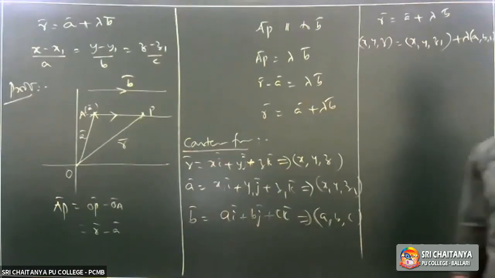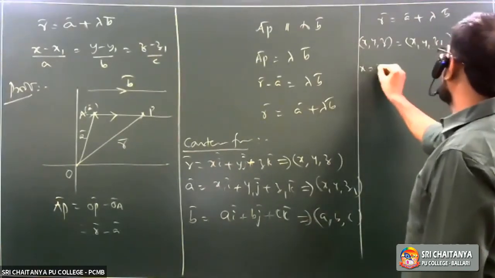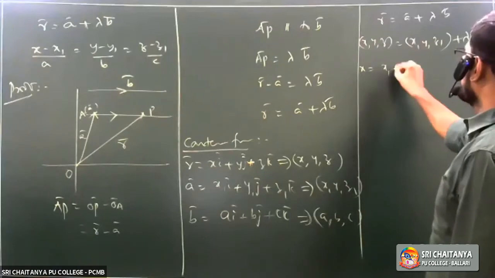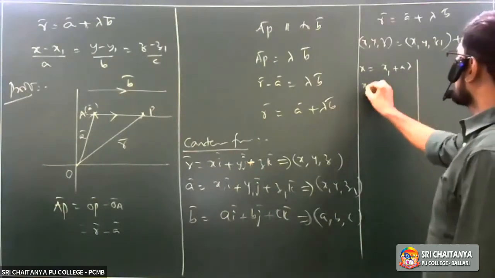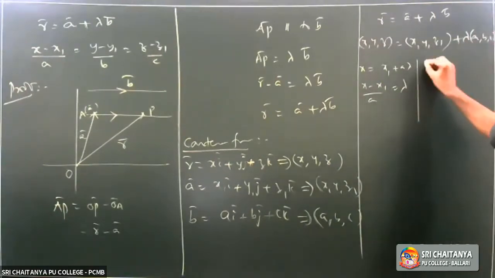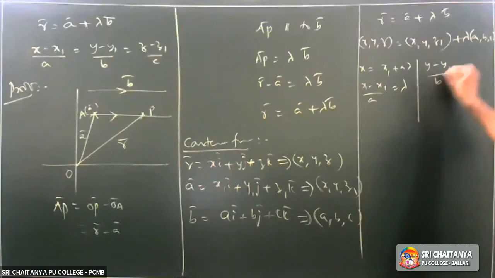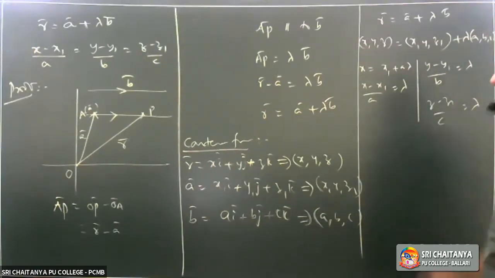Instead of ijk, I am going to write x1, y1, z1 and lambda into a, b, c. Now you can write this as x is equal to x1 plus a lambda. That means x minus x1 by a is equal to lambda. Similarly, y minus y1 by b is equal to lambda. z minus z1 by c is equal to lambda.